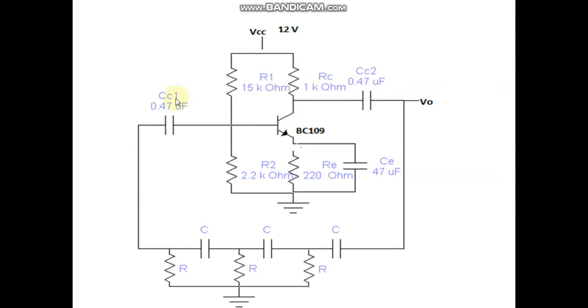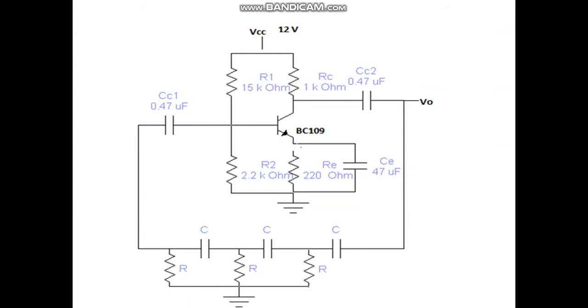So you can design the transistor using the voltage divider biasing method. You can see RE is 220 ohms, which is less than RC, and R1 and R2 are 15 kilo ohms and 2.2 kilo ohms. And this is your feedback circuit, this is your amplifier circuit, this is the RC phase shift network.